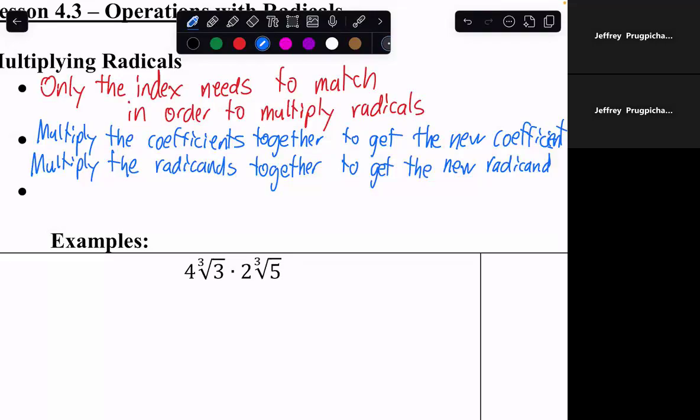Now you do not multiply the index. The index just stays the same. And then at the end, you simplify if possible.